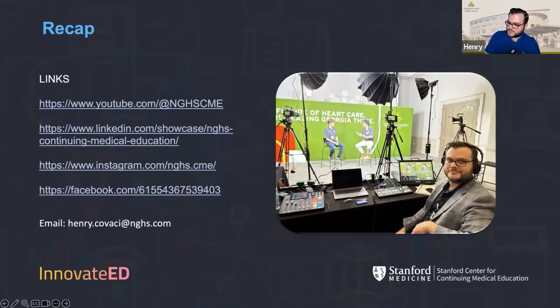Question is, one of the challenges we've heard about putting presentations for credit on YouTube is ensuring that ineligible company promotion doesn't inadvertently show up in the learner's screen. How do you manage that? So the way we do it is our CME coordinator makes sure that the content that is about to be posted on YouTube is free of any company promotion and of any commercial support.